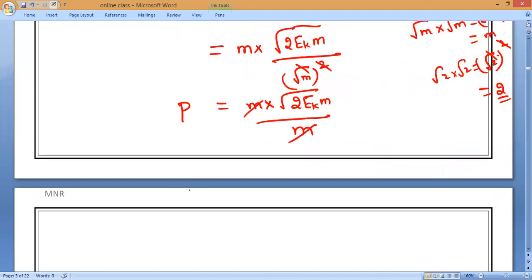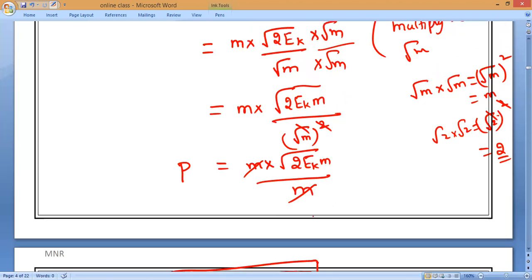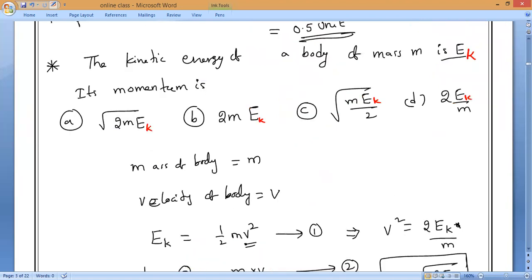P, momentum, is equal to root of 2 into kinetic energy into mass of the body. This is the formula. So if you observe, the exact formula matches root of 2 Ek m, option A, where they have written m Ek. That is the correct answer.